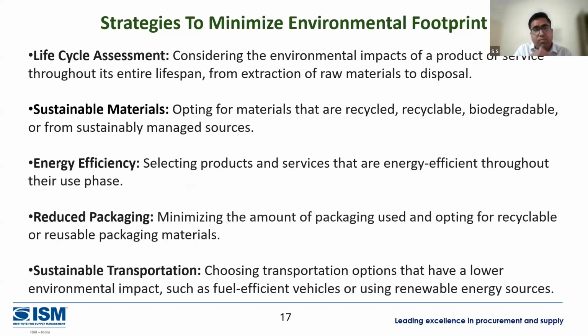We have to always look for materials which are recyclable, biodegradable, and energy efficient, which minimize the amount of packaging, opting for reusable and recyclable material. We have to look for transportation options which consume less fuel, and plan the transport routes as well to make sure they consume less fuel.